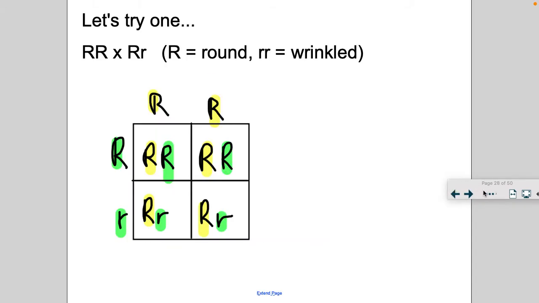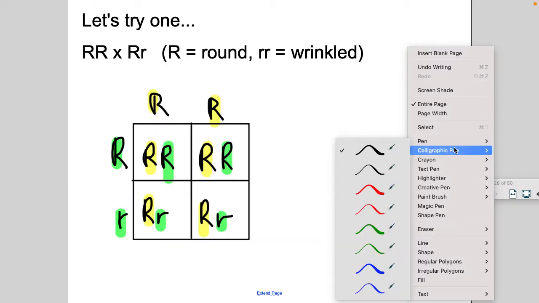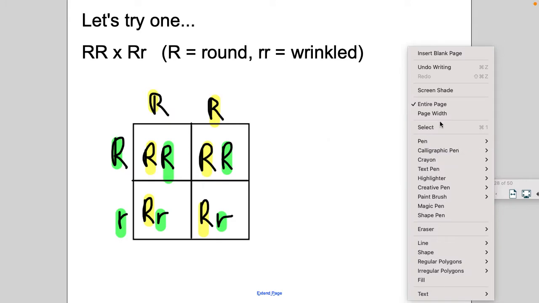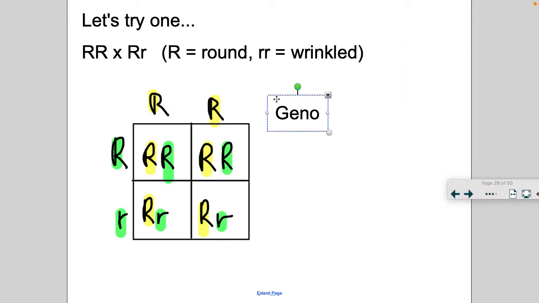All right. Now I might ask you genotype, right? Well, what are the genotypes? How many different letter combinations? Genotypes are the letters, right? So I look and I say, oh, you know what? I see a big R, big R. Okay. And I also see a big R, little r.